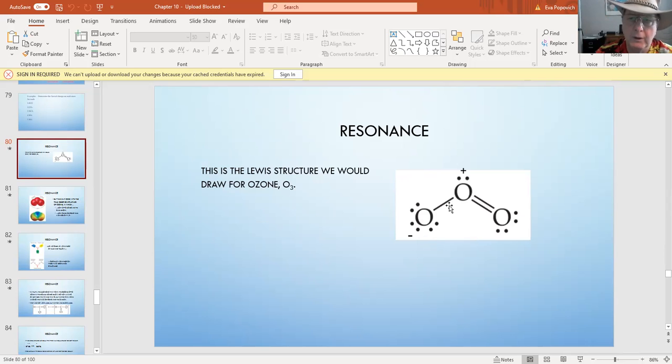We're going to get back into resonance in a couple days. But ultimately, the thing that makes double bonds are the atoms having free p orbitals. The p orbitals are the ones that make the double bonds. So this has a p orbital that's free, this has a p orbital that's free, and this has a p orbital that's free.